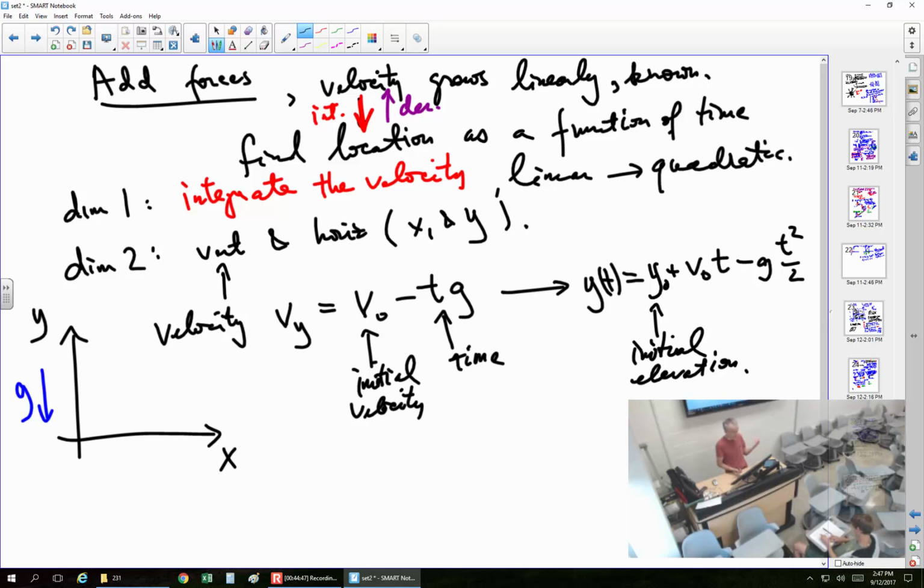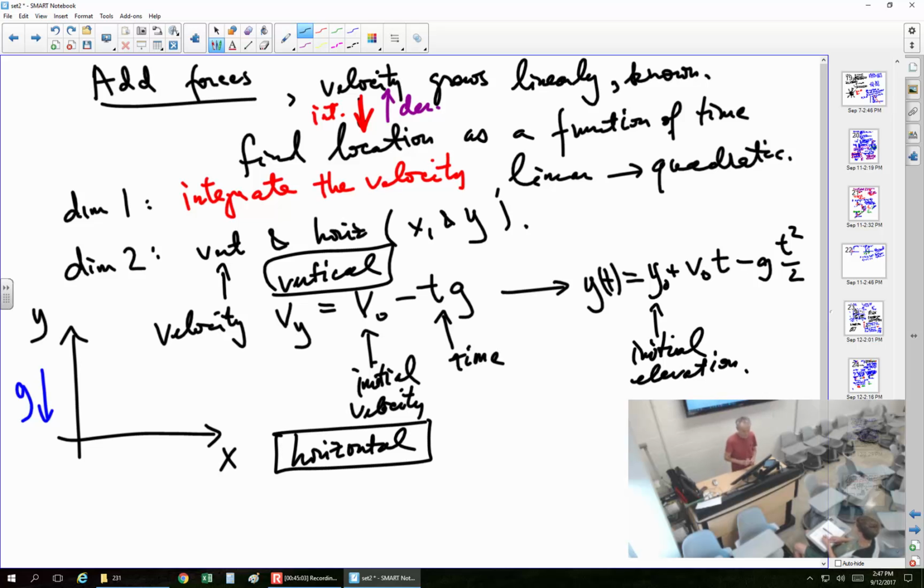So we started with the harder part, vertical motion. We're doing horizontal now, which is simpler, because we chose the directions wisely and we're going to have no trouble with the horizontal velocity. What happens to the horizontal velocity? It's constant. Yeah, right, so the answer is nothing.